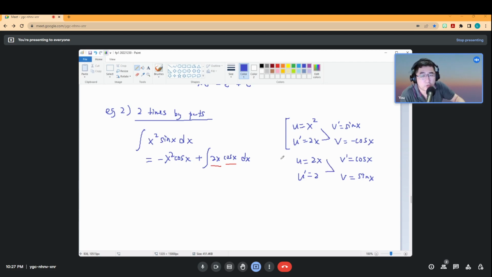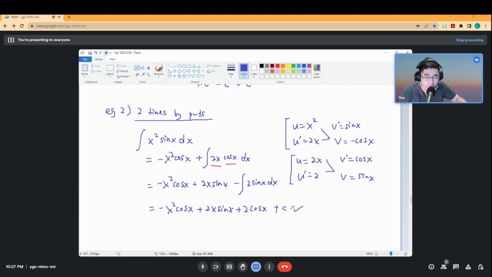With these two together, I have negative x squared cos x plus, u and v, 2x sine x, minus the integral of 2 sine x dx. So I will have negative x squared cos x plus 2x sine x, minus 2, this one becomes plus cos x, plus c. That's your final answer. So this is two times by parts.